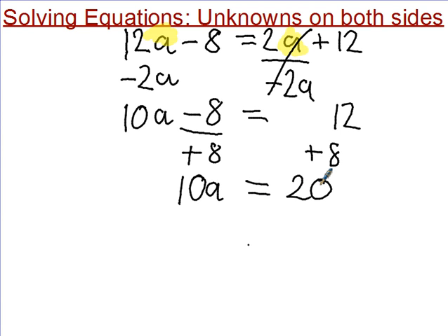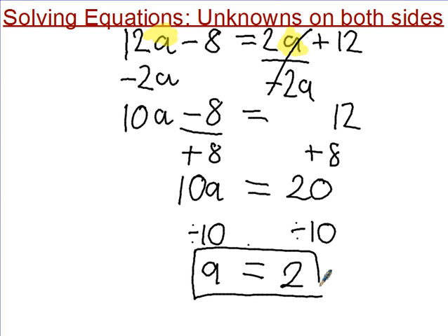And finally I need to divide by 10 on both sides, and that will leave me with a is equal to 2. This is the solution, and I can check it by substituting. Have a go at the rest of your homework. Good luck.